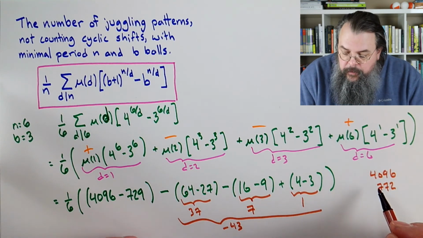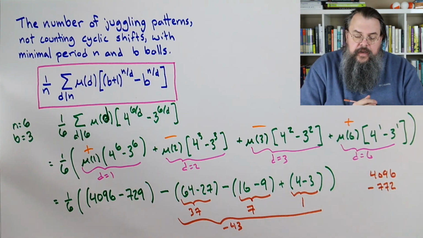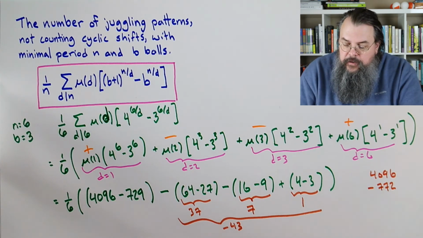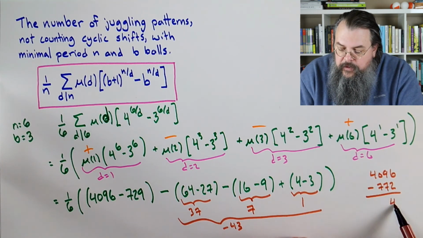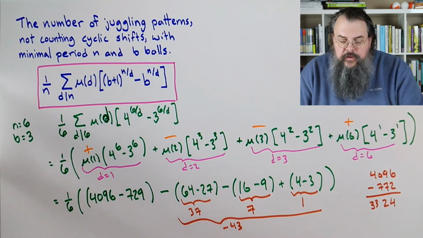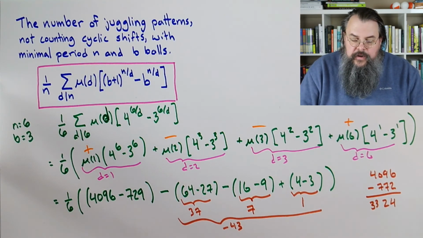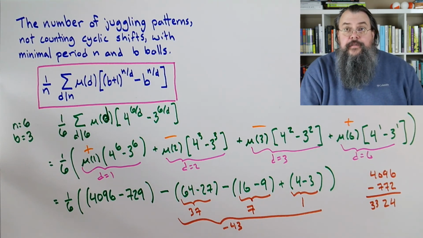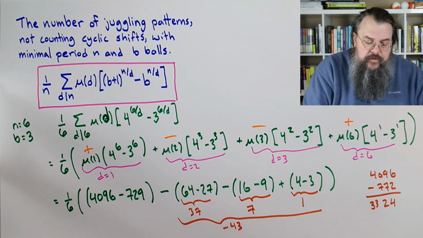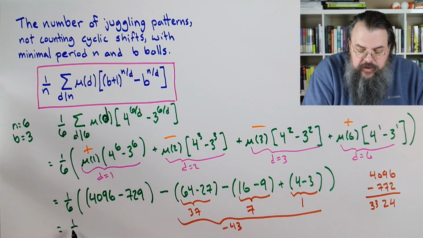Okay, so that's what we need to subtract. And, okay, well, that's 4, 2, and 40 subtract 7 is 33. So, there we go. All right, that seems to be the answer. And so we are up to 1/6 of 3,324.